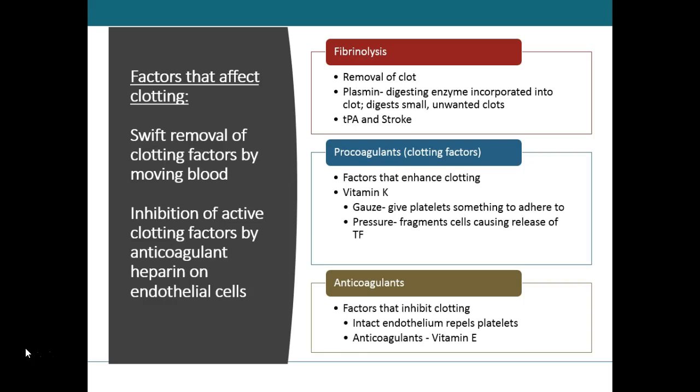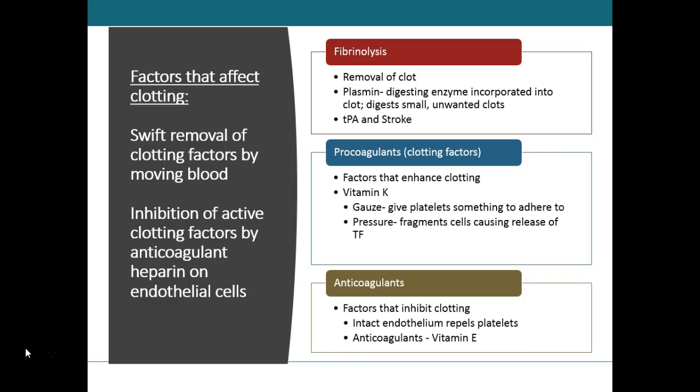But we don't always want clots to form, so there are certain things that are anticoagulants or against coagulation, things that inhibit clotting from occurring. One of the most important things is simply that undamaged blood vessels have a very smooth, slick endothelial layer, so the platelets have nothing to attach to and to aggregate.